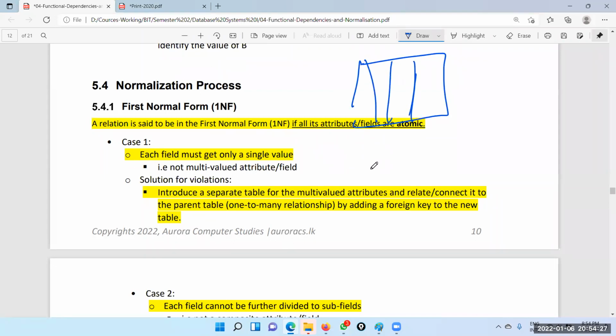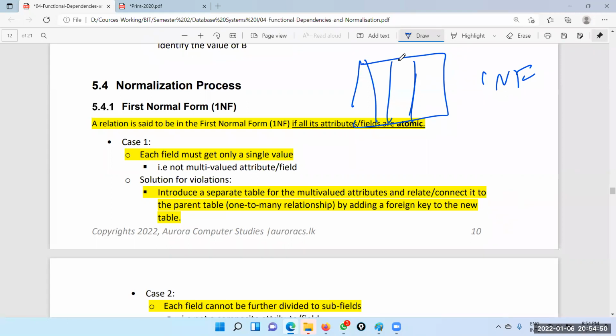It's very easy. You have to check if each and every field is atomic or not. If every field is atomic, it is in first normal form. If you find that at least one field is not atomic, then it is not in 1NF and you have to make some changes.